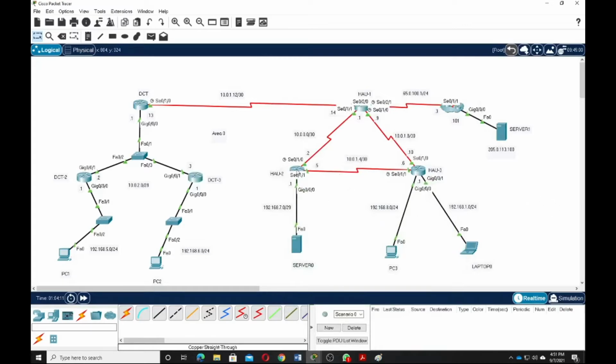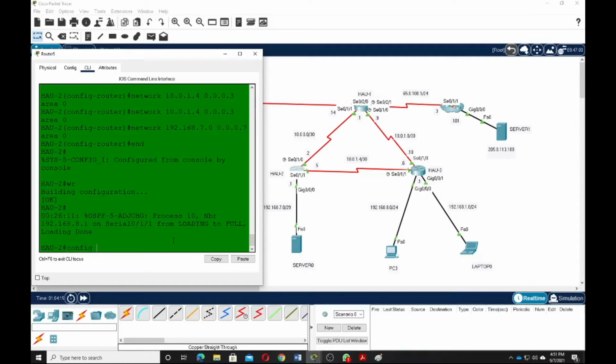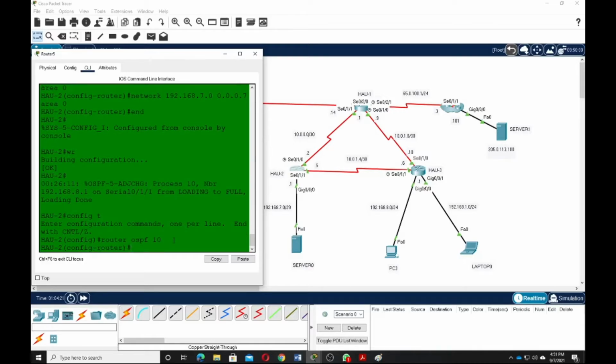And this one also must be configured as a passive interface. Config t, router ospf 10, passive-interface G0/0/0.